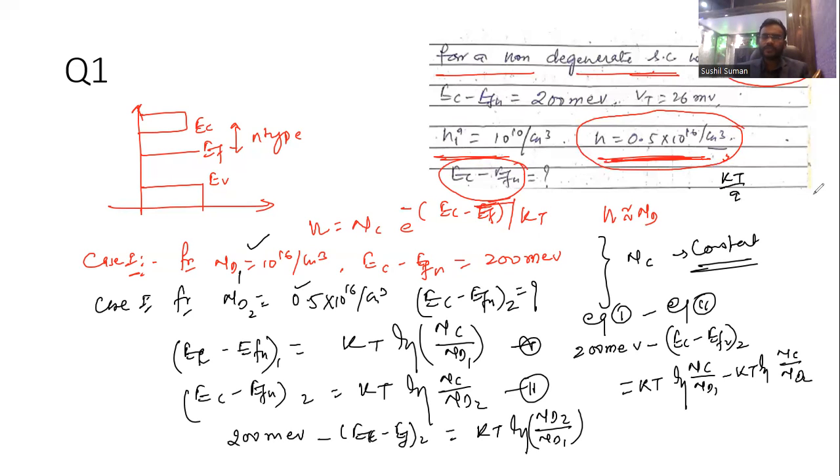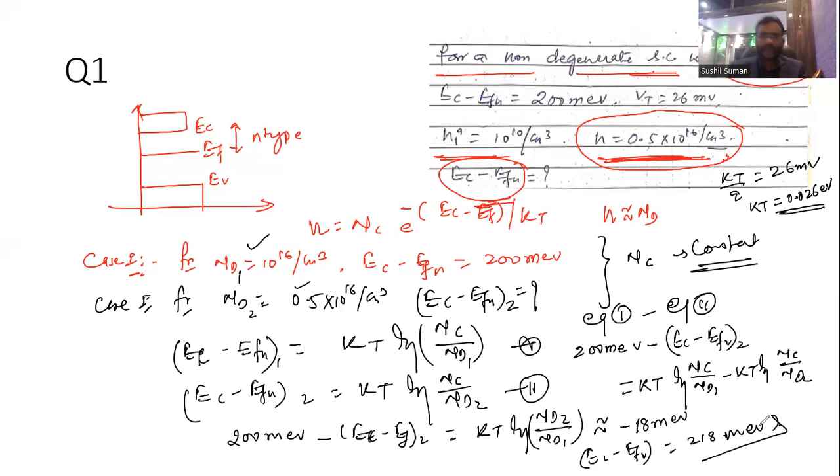KT by Q equals 26 millivolt, so KT equals 0.026 electron volt. Putting in all the values, you will get minus 18 milli electron volt. So EC minus EF2 is equal to 218 milli electron volt. The answer is 218 milli electron volt.